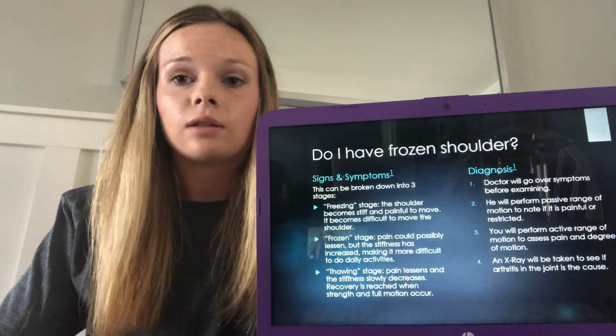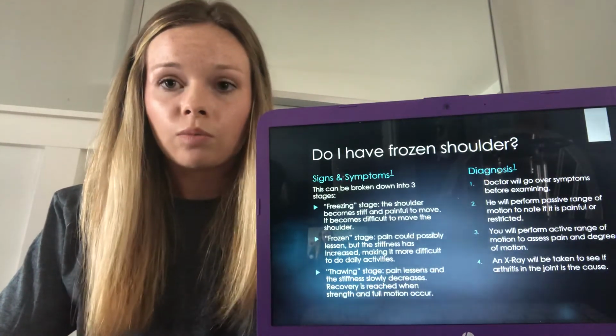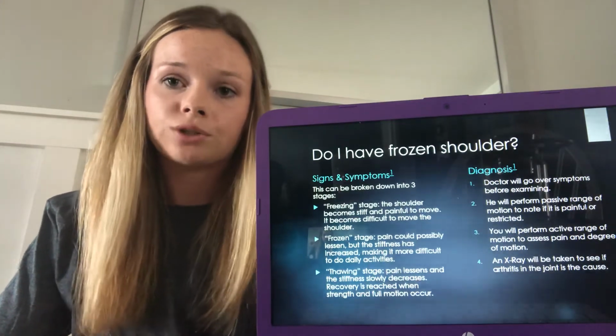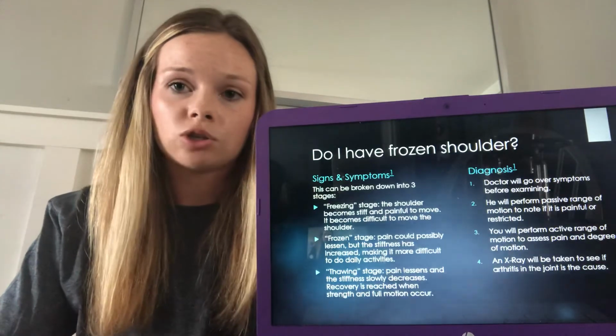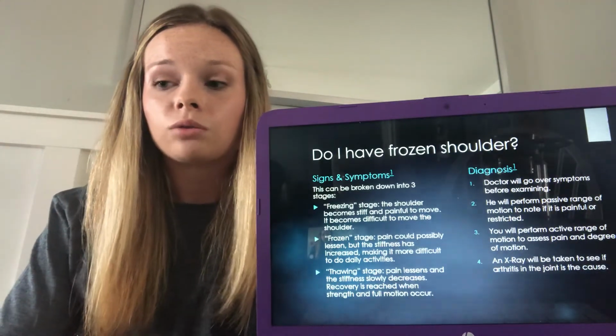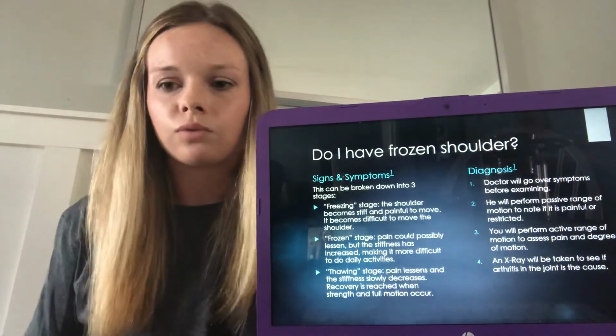Next, he will make you go through active range of motion, where you do the movement. So again, he can see how painful it is and how limited you are in your movement, and then he will compare these 2. Next, you will probably go through an x-ray to have a visual of the joint and be able to fully see it.